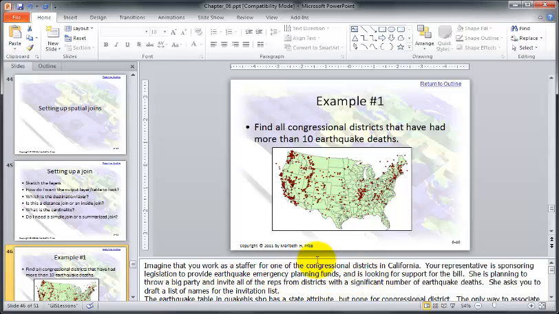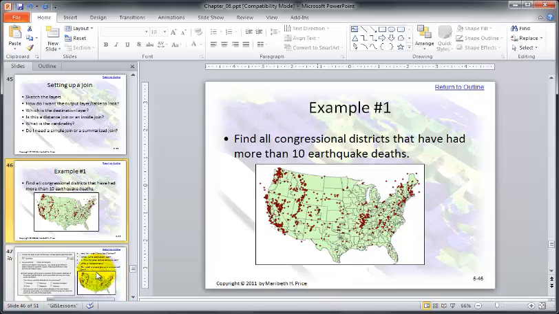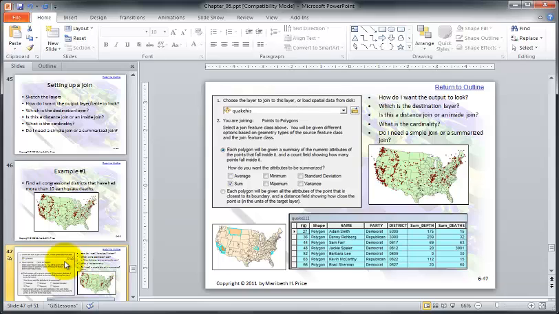So that's where we're looking to get that information. Choose the layer to join to this layer, or load spatial data from disk, and we have quake set already, and that looks like they're going for a sum.